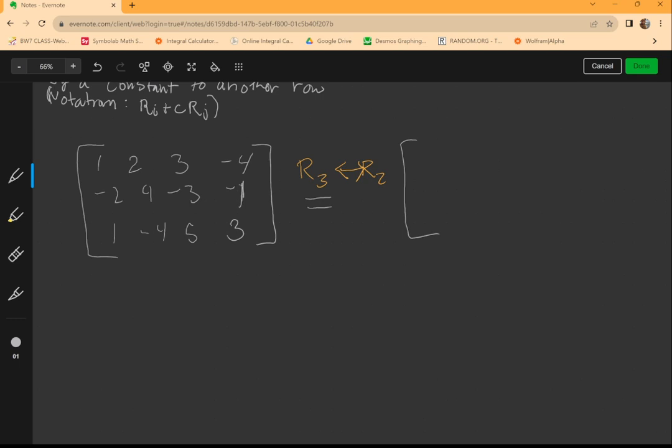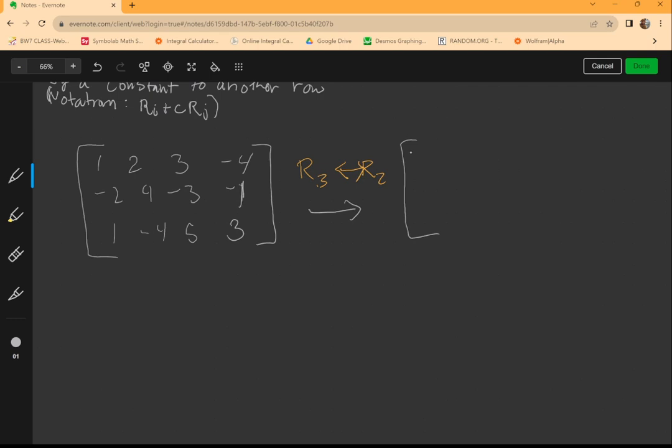So maybe I shouldn't use equality here, because we'll see they're very much not equal. Equality in matrices means each element in one matrix is equal to the element in the other matrix.